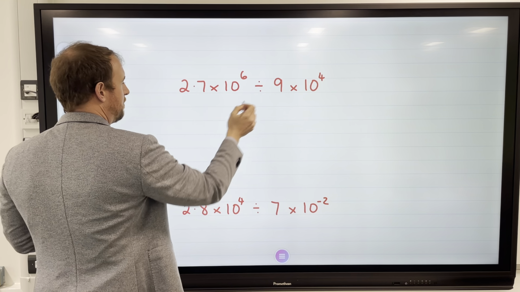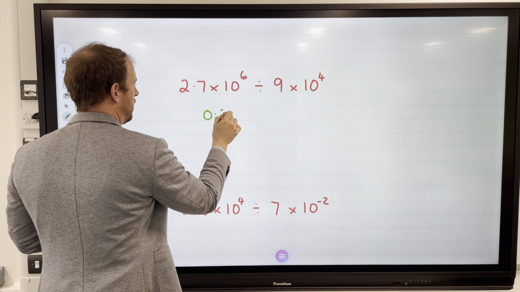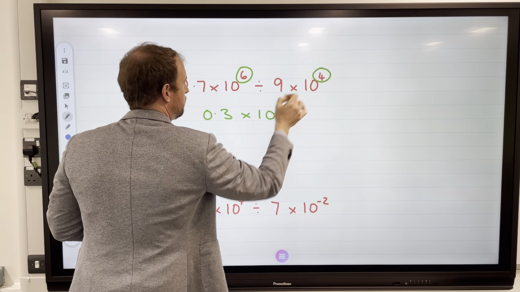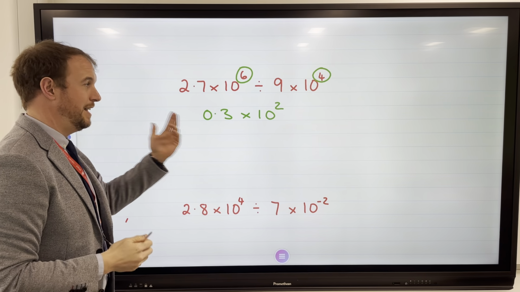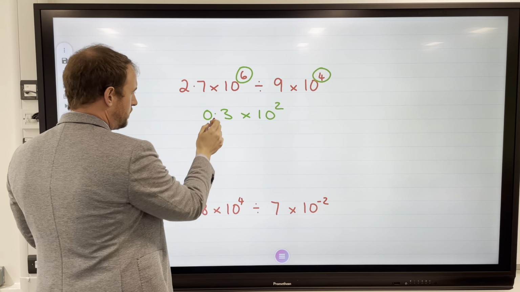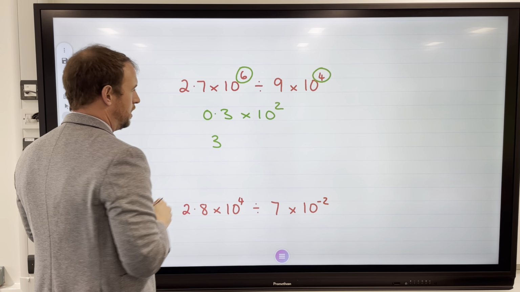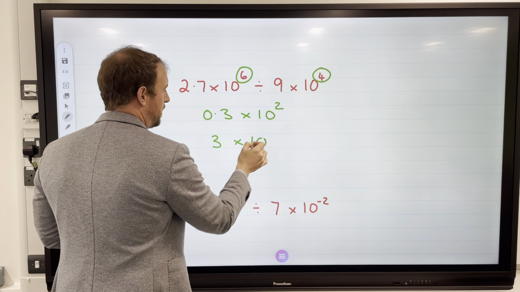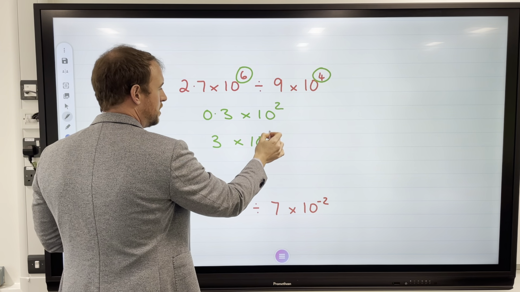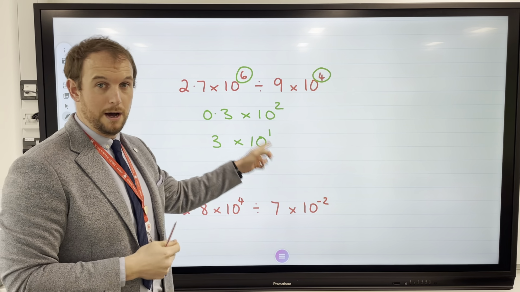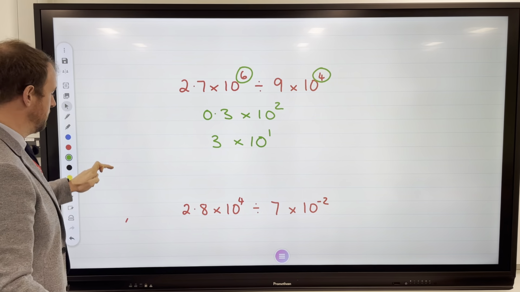Well, 2.7 divided by 9 is 0.3 times 10 to the power of 6 take away 4 is 2. Is it a standard form? No, it's not. So we need to make this also 10 times bigger. So if that's 10 times bigger, this needs to be 10 times smaller. Remember, use the powers to compensate.